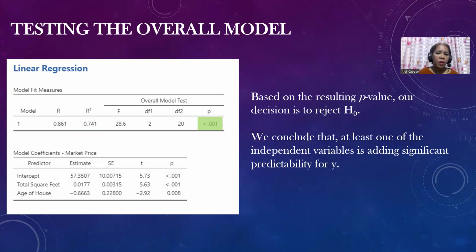So testing the overall model, based on the resulting p-value, our decision is to reject H0, to reject the null hypothesis. We conclude that at least one of the independent variables is adding significant predictability for y.